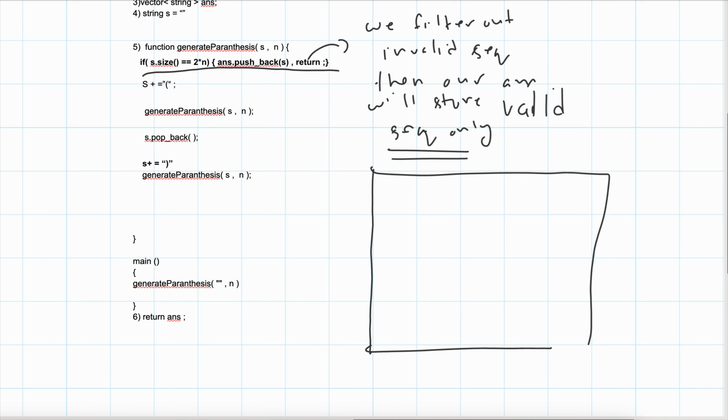In the base case, just before this line, let's first make a function. Here we will write a function that will check whether the sequence generated, S, which is the current sequence we have, is valid or not.